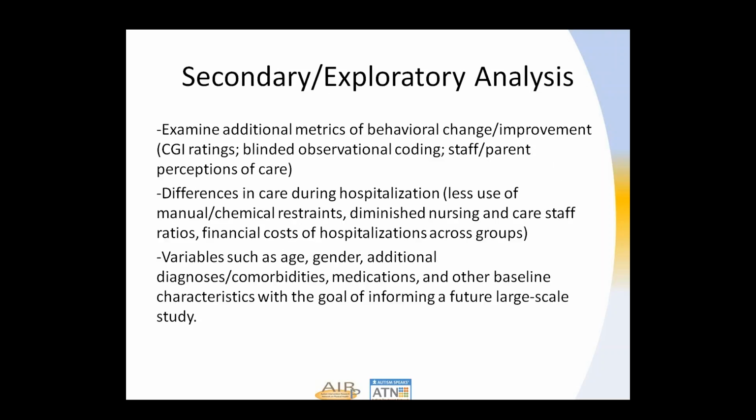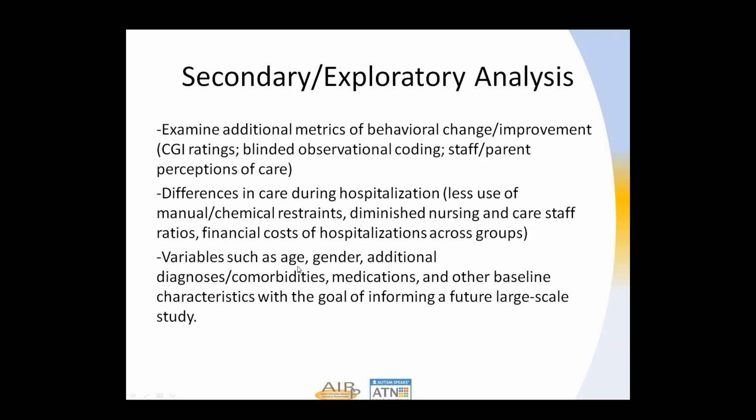Some other things that we're really interested in are the metrics of behavior change, and we're using the CGI and also the perception of care questionnaires that we've asked our staff and parents to fill out. We're also very interested in looking at specific increase or decrease in manual and chemical restraints while these kids are hospitalized, and the care ratios and financial costs, as we mentioned before.